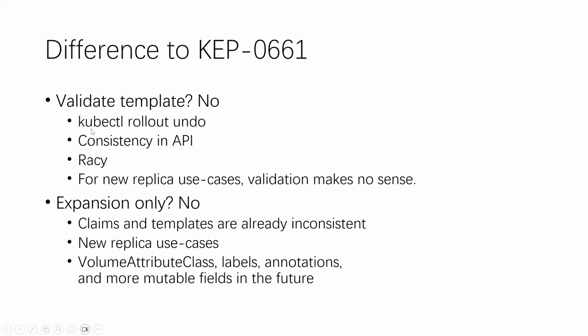Because if we do the validation, then kubectl rollout undo becomes very weird. The previous KEP proposed to just not undo the template update, which seems not a good idea. And we are not validating the template for the pod, so for consistency, we should also not validate for the PVC.